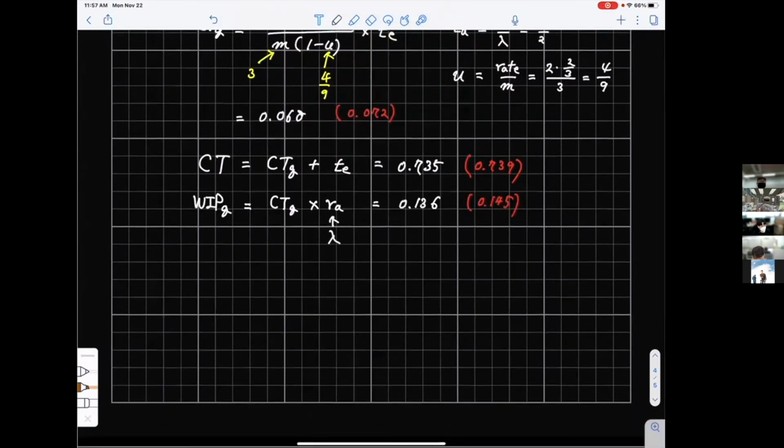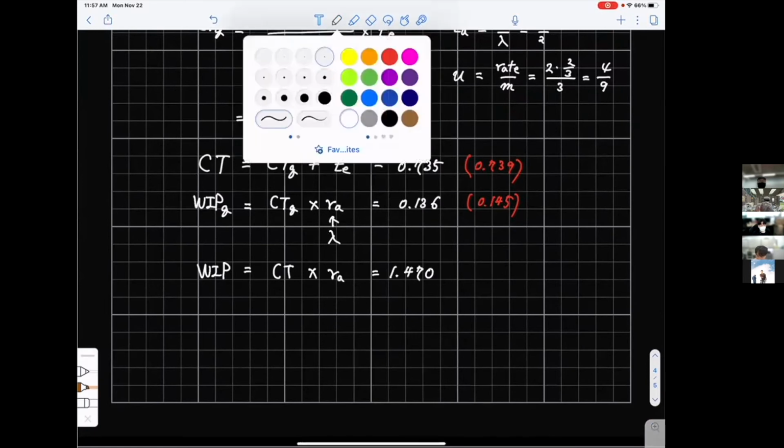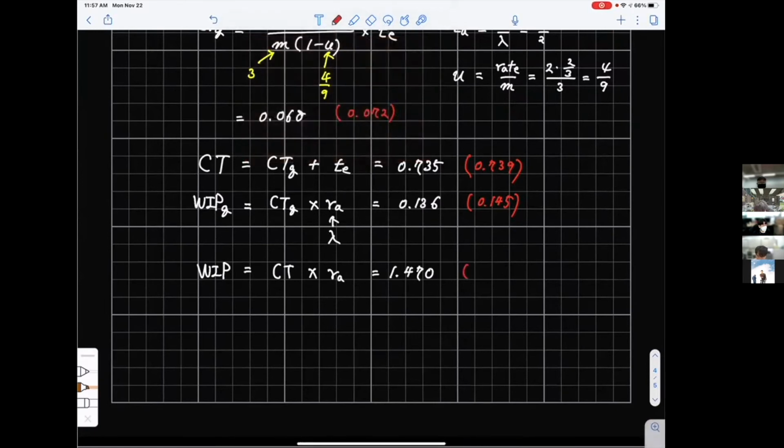And final index WIP is CT multiplied by also RA, which becomes 1.470, but also it was like this. So it's a little bit different.